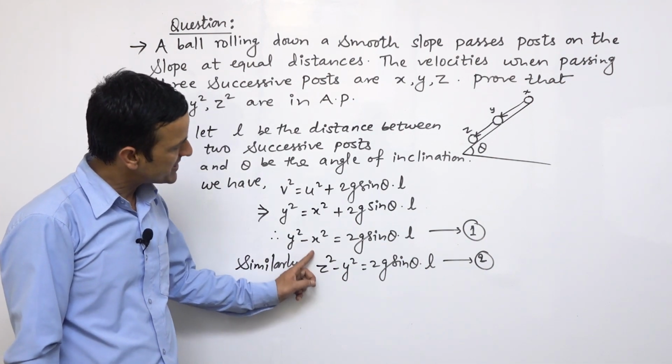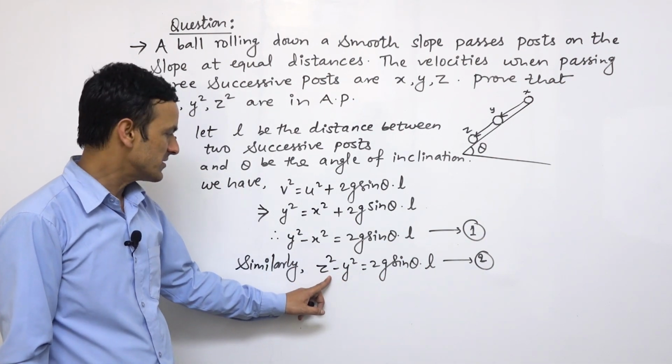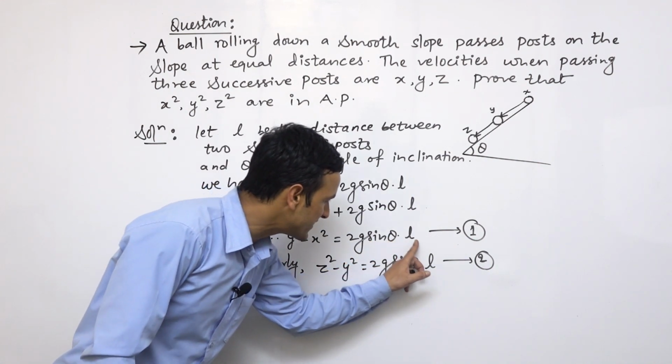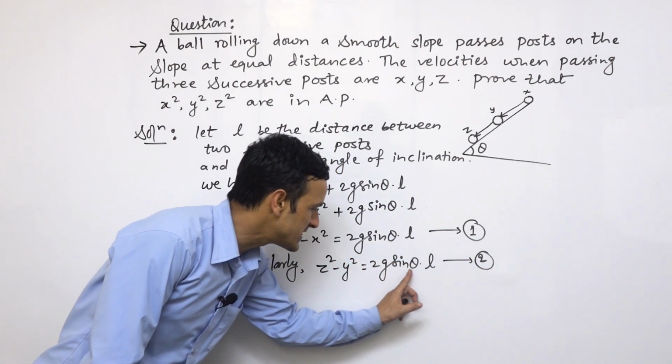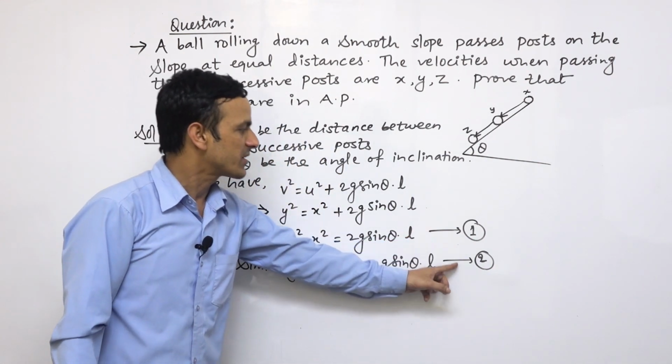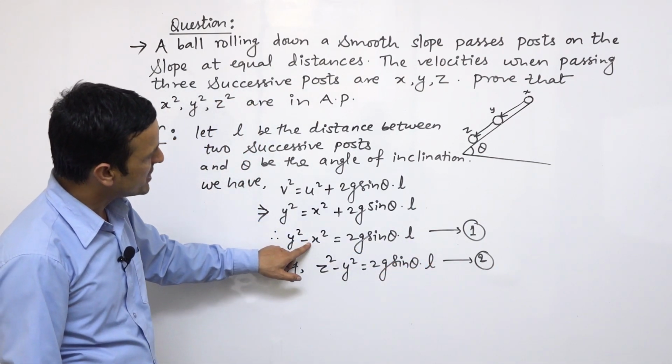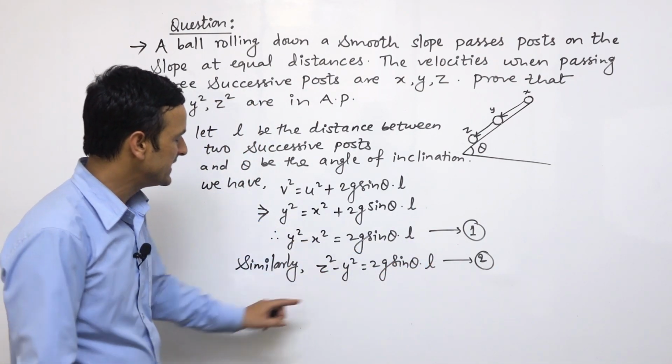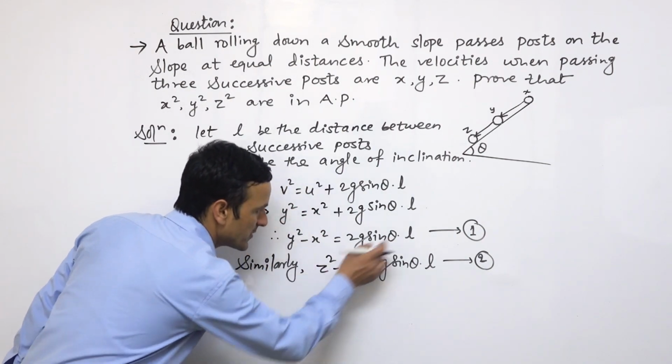From the same process we can obtain this result, and this is also 2g sine theta into L, this is also 2g sine theta into L. So comparing equation 1 and 2, this equal to this, so we can directly obtain the result from 1 and 2.